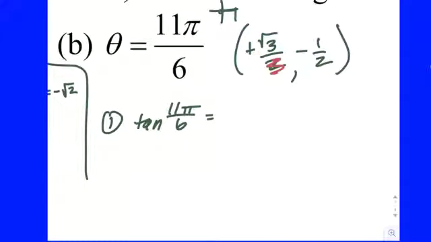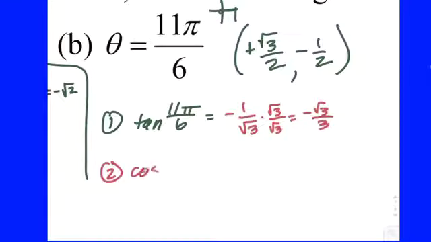It's going to be negative 1 over the square root of 3, right? And you have time to write that down on Monday. You got a whole minute. And when you rationalize, which eventually you'll do in your head, that's negative square root of 3 over 3. Perfect. That's tangent.